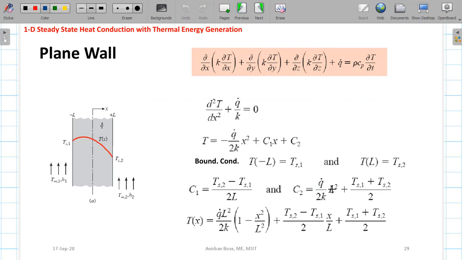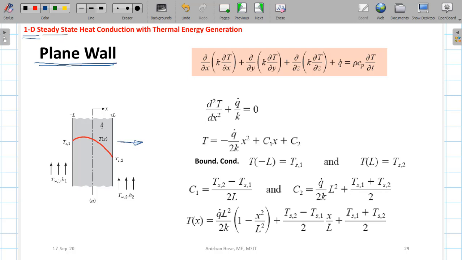Coming to the mathematics, it is very simple. Let us consider a plane wall, and again we are considering a one-dimensional situation. That means only in the x direction the rate of heat transfer, or the temperature gradient, is significant. In the other directions it is not.